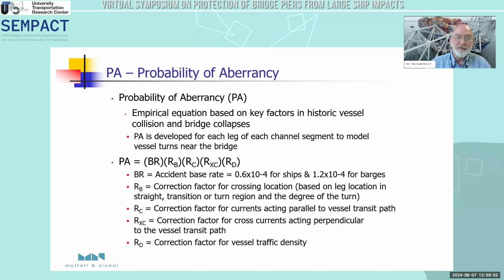I just want to say this is a highly simplified equation, and of course there's many more factors that go into a probability of aberrancy. I've seen equations with 10 factors, 20 factors. You could develop a very elaborate fault tree type analysis with 50 factors in it. Each of those sub-factors, though, have to have your own estimate of the probability. And at the end of the day, a lot of those are educated guesses.